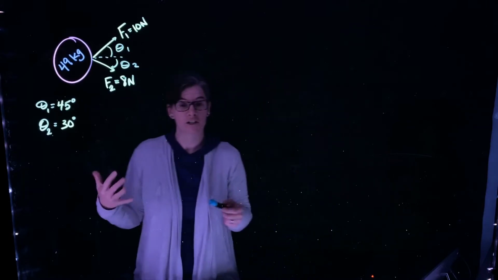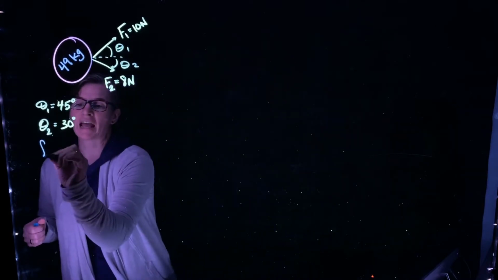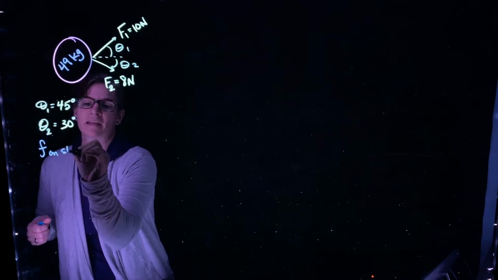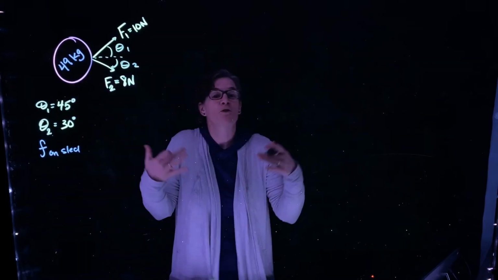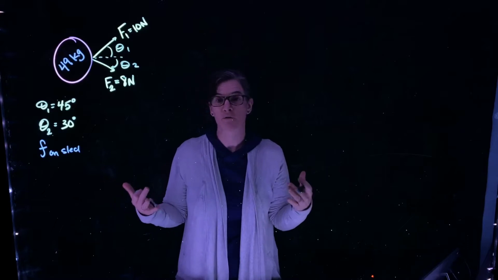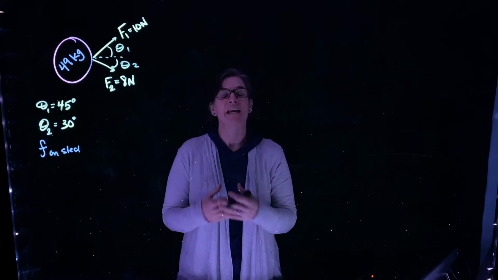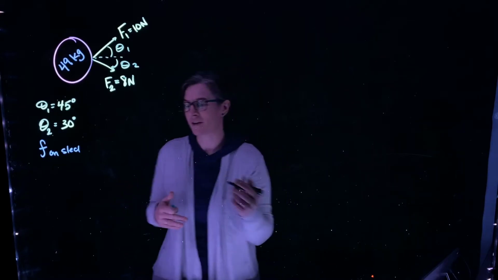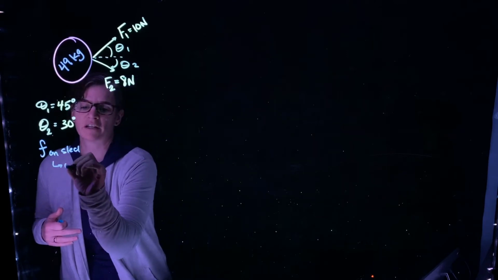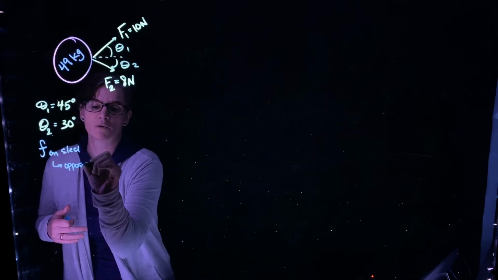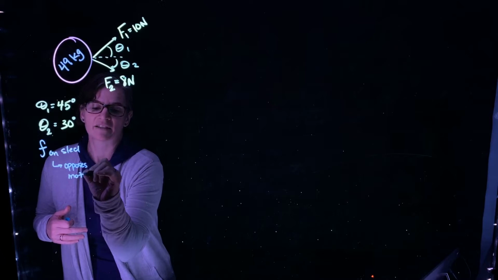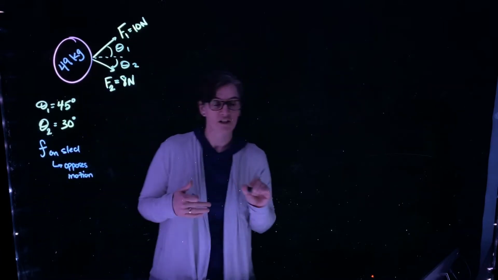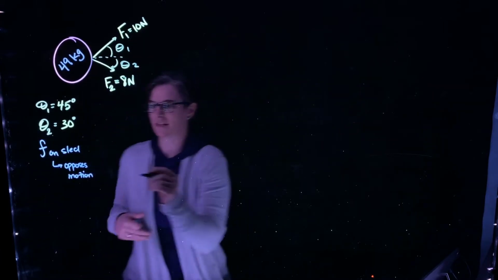Now there is friction acting on the sled, but we don't know the direction of the frictional force other than it opposes the motion of the sled. So we know that friction opposes the motion, and so its direction will be opposite the motion.